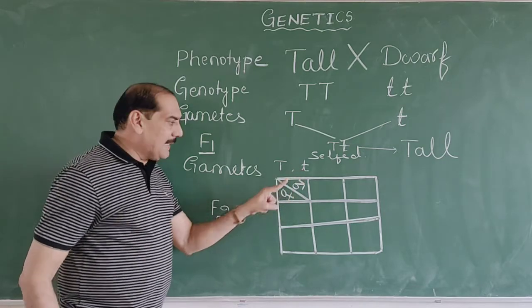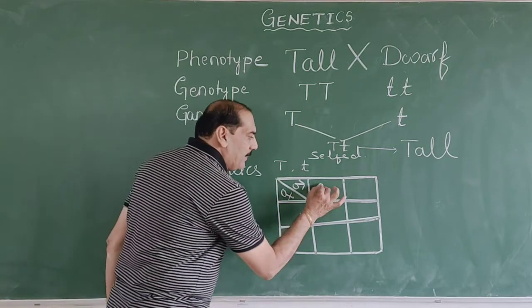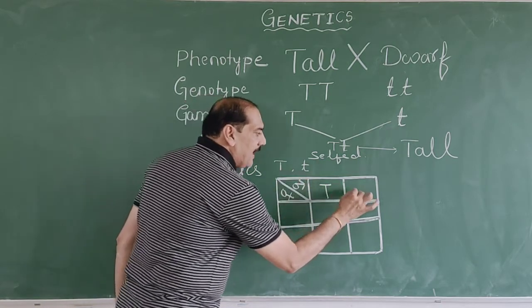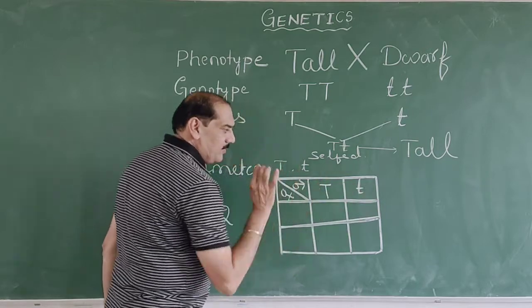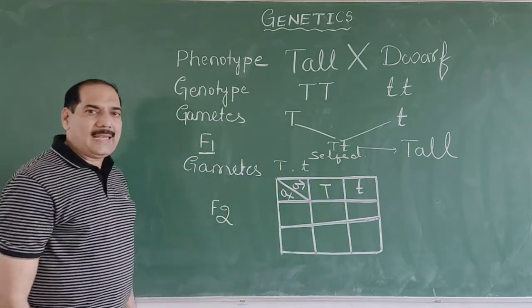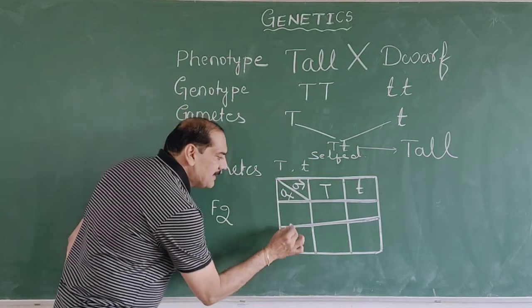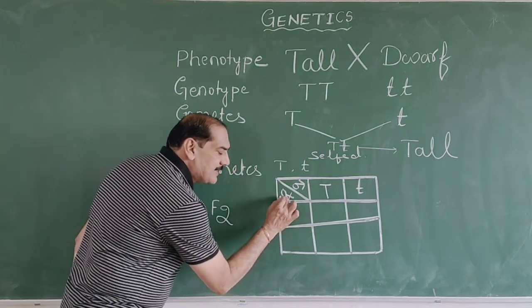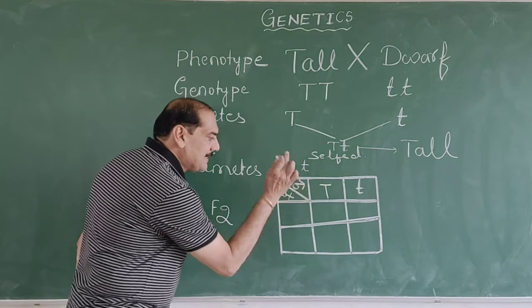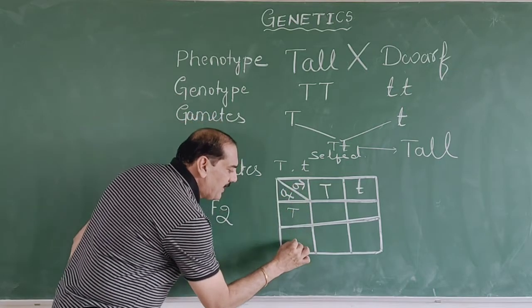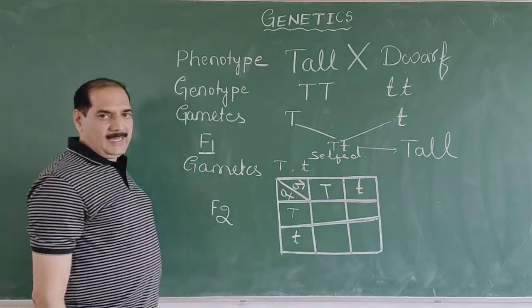Write the two male gametes here in these boxes. These two are the male gametes. And take the two female gametes here in this box. This is a female symbol, this is a male symbol. This is female gamete, this is also female gamete.